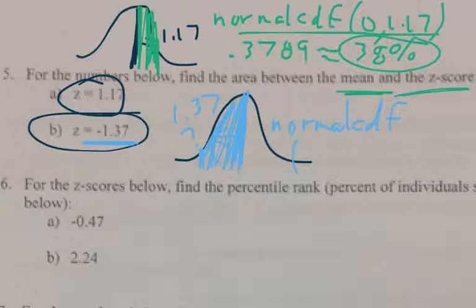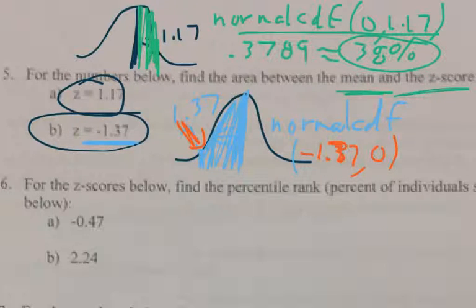The left mark, let me use red here, right there is negative 1.37. And I'm going up to the mean, they say, which is 0. So pause the video one more time and do normal CDF, negative 1.37, comma 0, and see what you get.